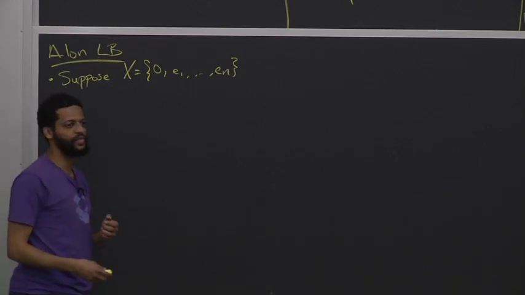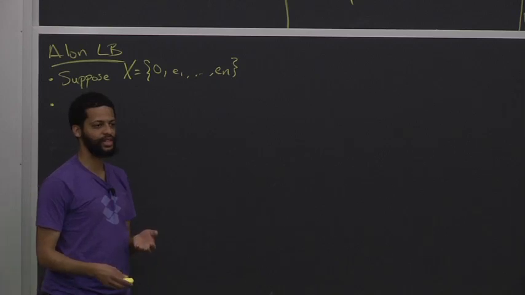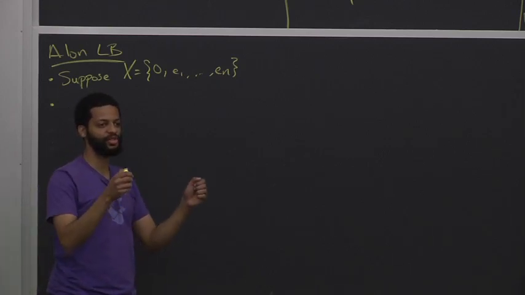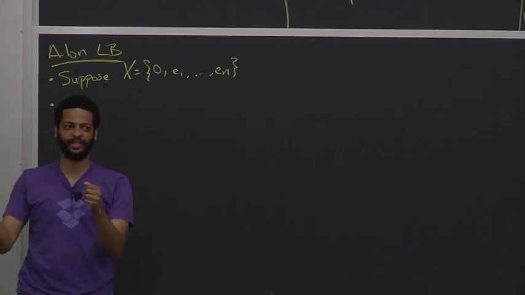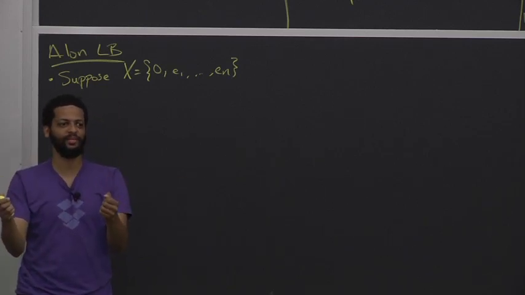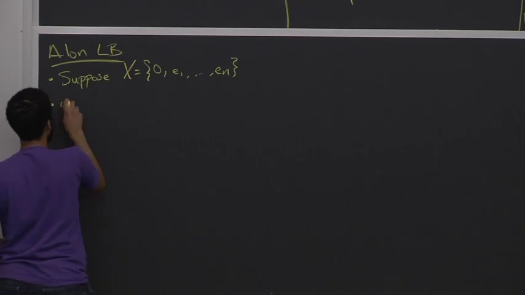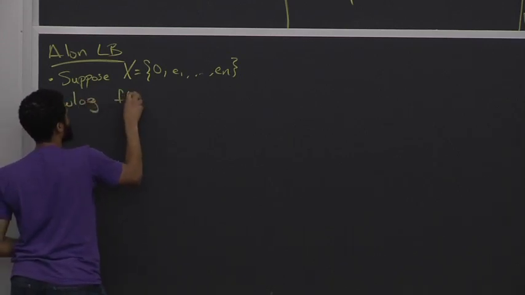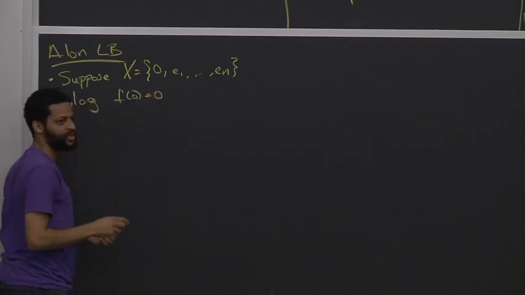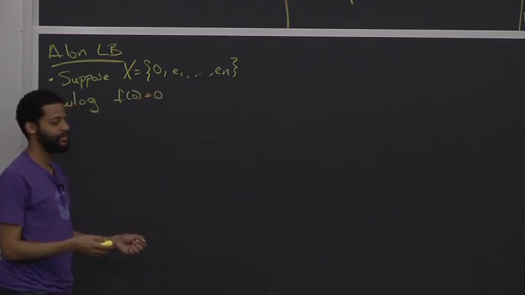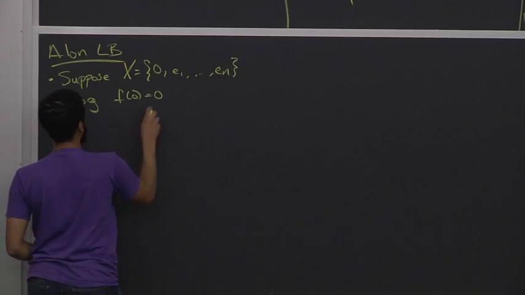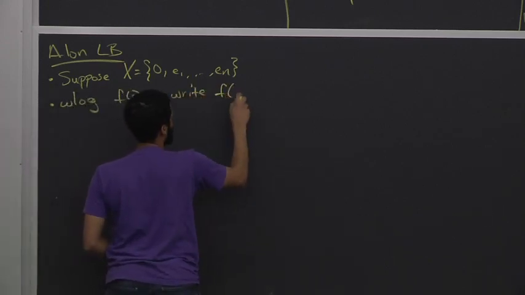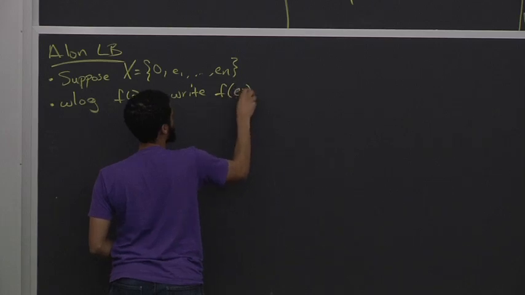Distances are invariant under translation. If I have an embedding and then I translate all those vectors by the same amount, the distances stay the same. So without loss of generality, f of 0 is 0. Just translate everything by f of 0. And also write f of ei as vi.